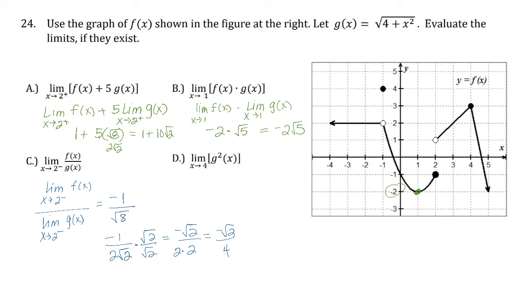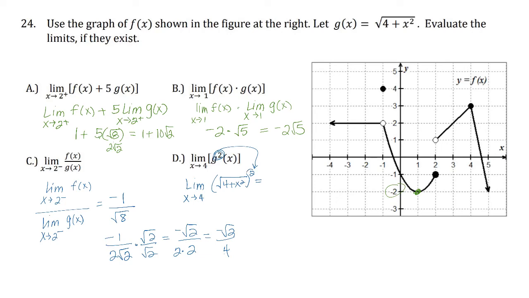Alright, with letter D, we're going to be squaring our function. So we're really looking at the limit as x approaches 4. And to write in that function g, again, notice it's the square root of 4 plus x squared. And following this notation, that's all going to be squared. So here, let's go ahead and sub in.